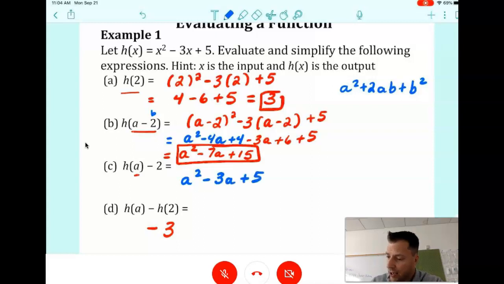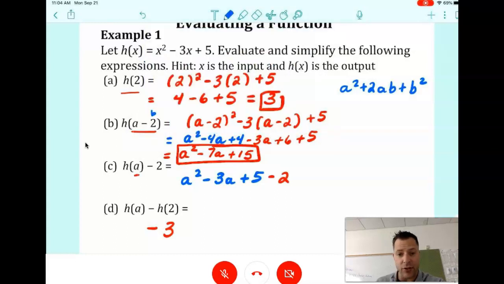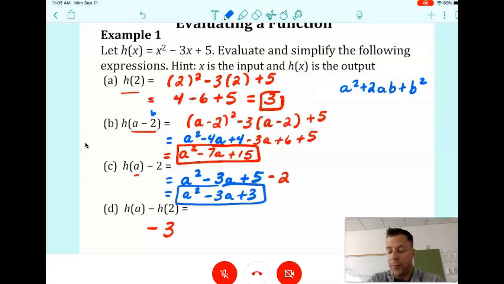And then that minus 2 has to come along for the ride. Can we combine like terms? We sure can. We have the 5 and the 2, that makes 3. So you get a squared minus 3a plus 3. And that's h of a minus 2. Okay?